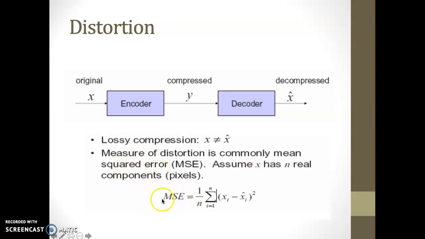It should not be much. If the value of MSE is big, it shows there is too much error and too much distortion. So you have to trade off between the quality and the compression ratio, so that your MSE is not that big.